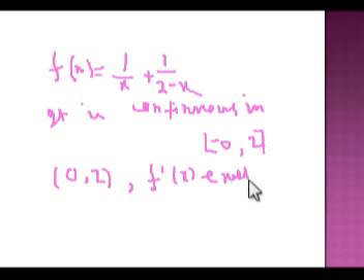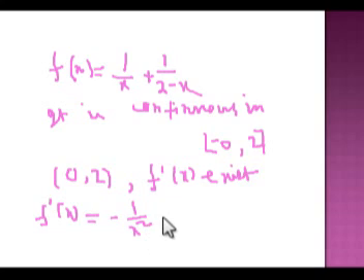Now, if we find the first derivative of f(x), differentiating it, it will be minus 1 by x square plus 1 by (2 minus x) whole square.